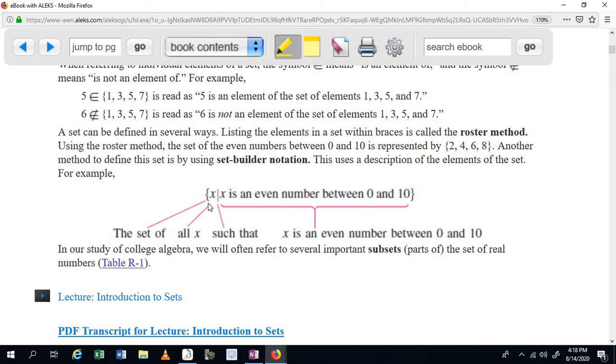So this is the opening of a set of x values such that x is an even number between 0 and 10, and then this is closing the set. That's called set builder notation. Now, of course, if you wanted to, you could write this out explicitly. It's the set of x values where x is an even number between 0 and 10. So you could actually write out what those numbers are, like 2, 4, 6, and 8.